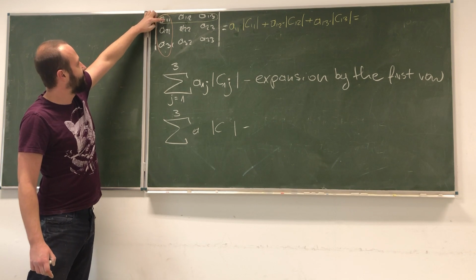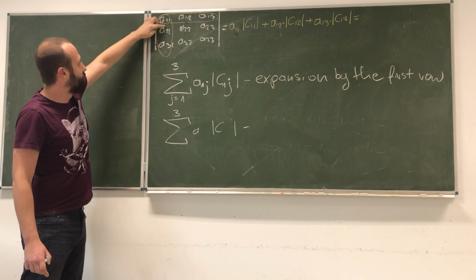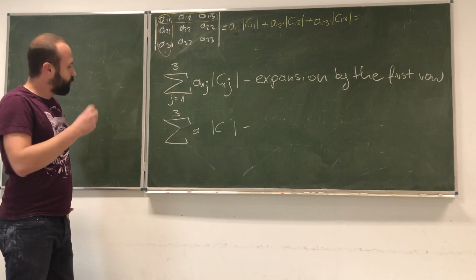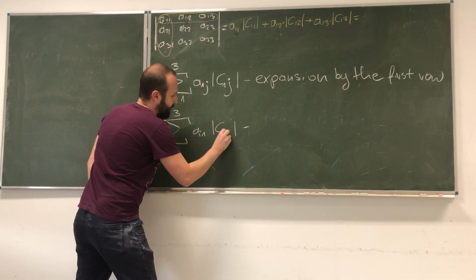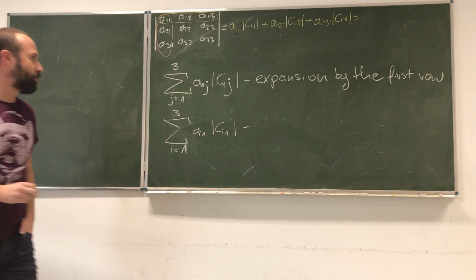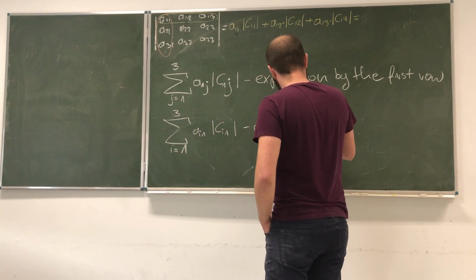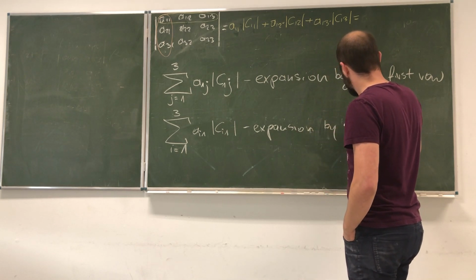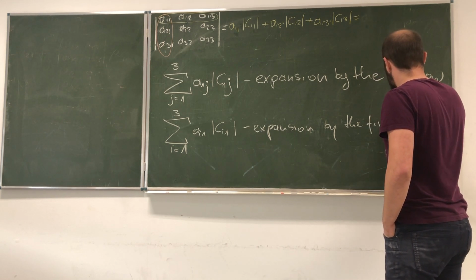Now we are changing the location in the column, so we are changing the location through rows. So now we would have i1, with i equals 1 up to 3. And this one we could call expansion by the first column.